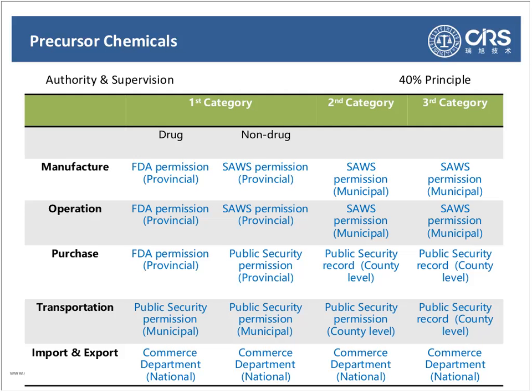If it is a drug, you have to apply to the Provincial FDA to get permission. If it's a non-drug, you need to check with the SAWS to get the permission. So generally from this picture, you can see that there are many different authorities to regulate your different business activities. So we suggest you use this table as a reference and check this table before you do the real activity.